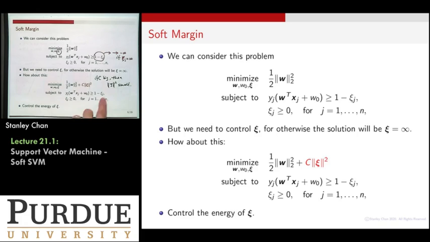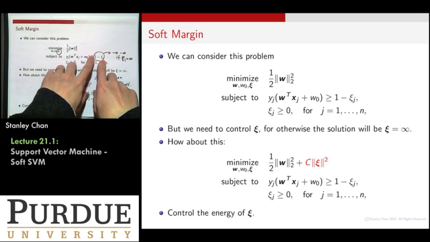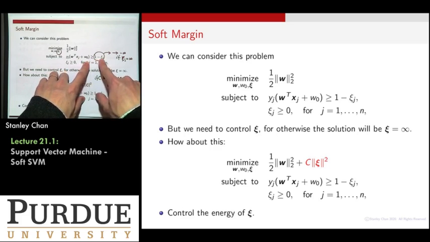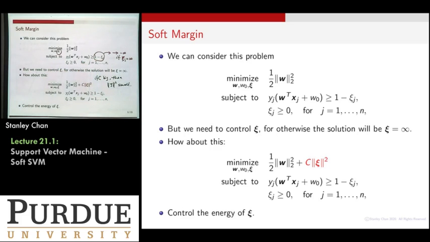If this is small, then you are getting closer and closer to the hard margin, because if psi j is very small, then the margin becomes a hard margin. But on the other hand, if you make the c extremely small, then you can let the psi grow. Then you are allowing a lot of samples to be misclassified, and you're saying that you're able to tolerate more.